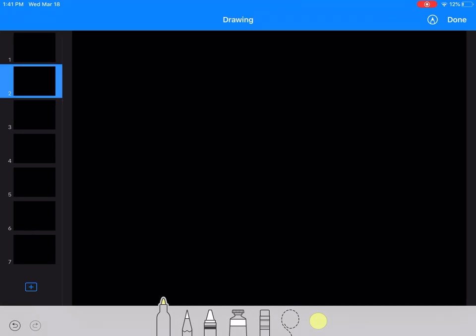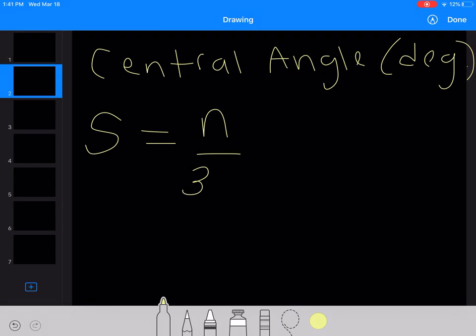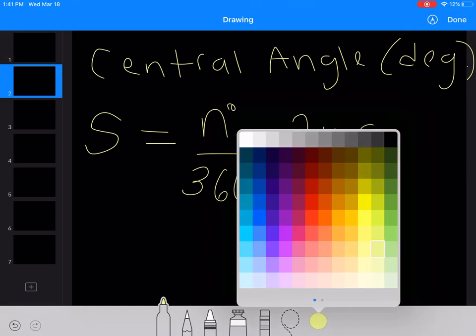So if the central angle is in degrees, we use this formula. S, the arc length, is equal to N, which is the central angle, over 360 degrees, times 2 pi r, which is just the circumference of the circle. So let's just note that.